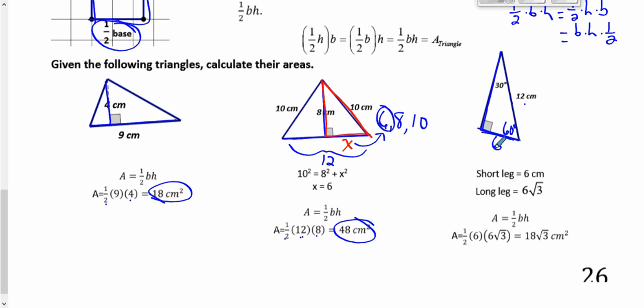Once we have that, we can now say that this long leg is 6 square roots of 3. So now we have a base and a height. So the area formula says 1/2 times 6 square roots of 3. Well, half of 6 here is 3, and then 3 times 6 is 18. So its area is 18 square roots of 3 square centimeters, and that's the exact answer.